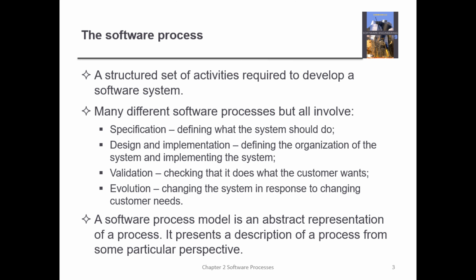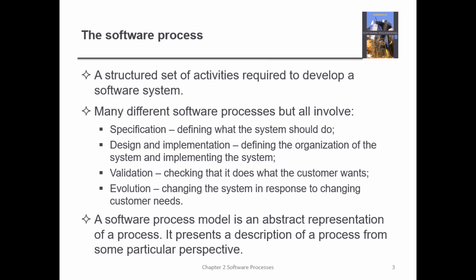So a software process model is a model that we follow. There are several models that we are going to look at, and these models, or any model, is an abstract representation of a process. In brief, it tries to help you follow a certain flow of steps, and there are several activities.